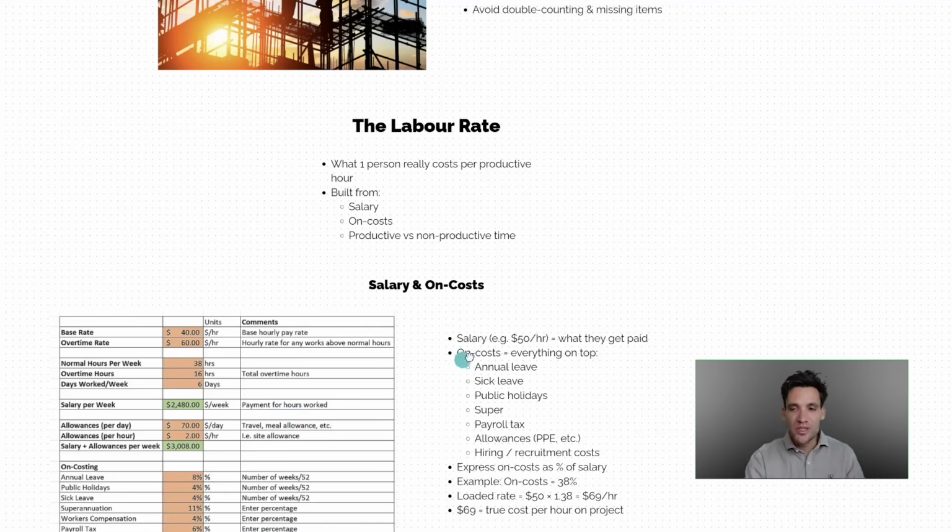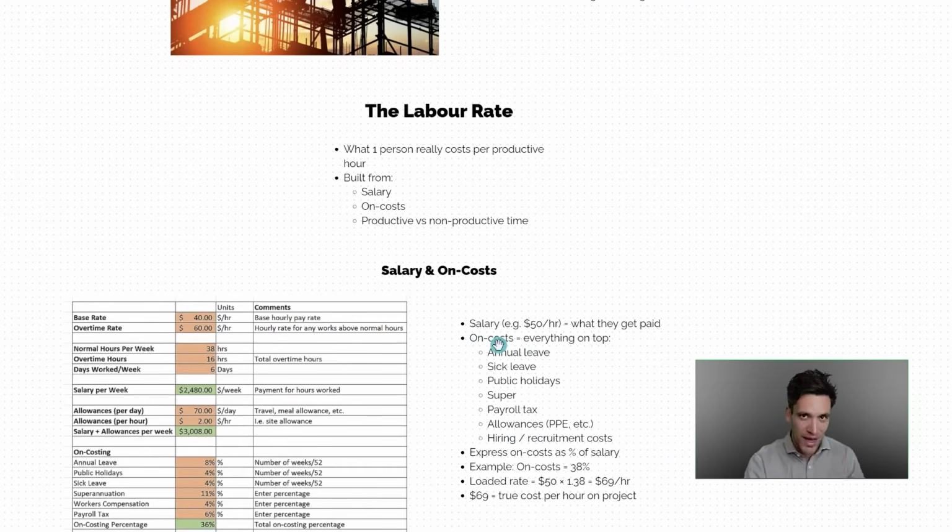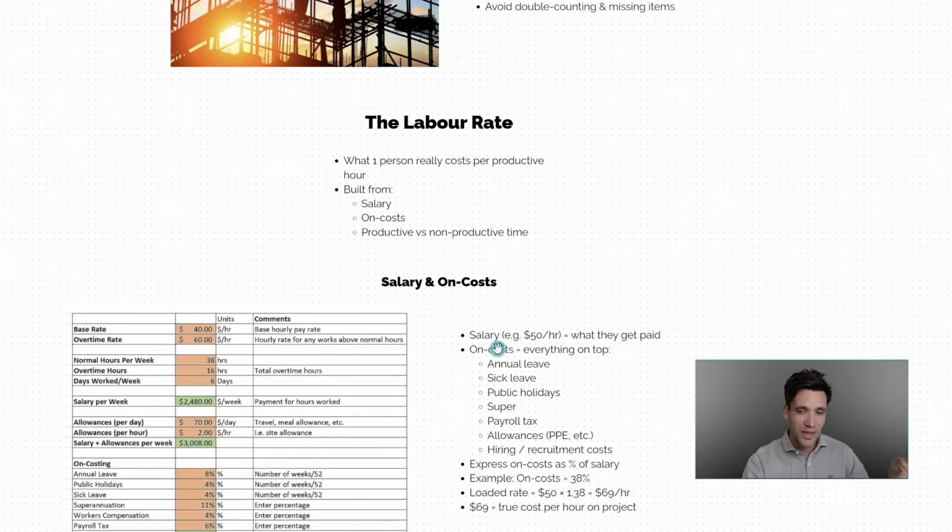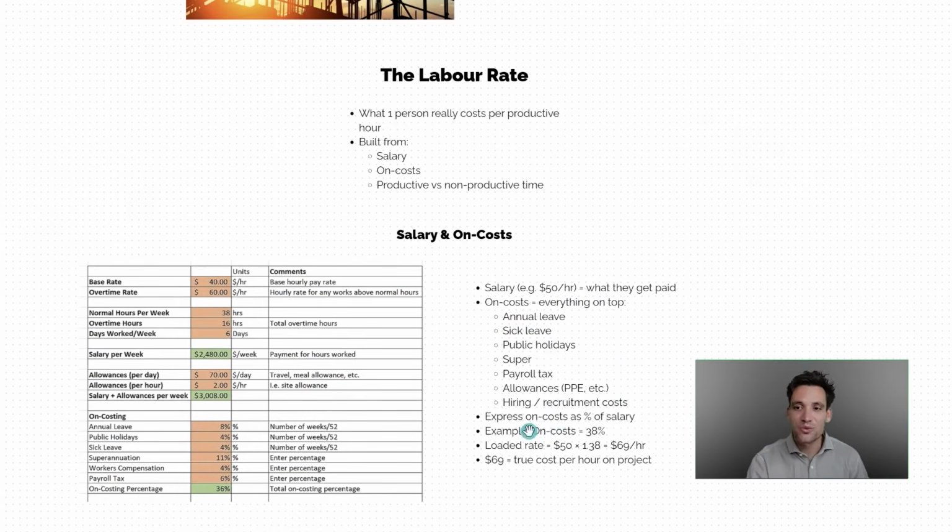So what this basically means is while someone gets paid $50 an hour, that's what goes into their bank account for 1 hour of work, what they really end up charging the business is probably more like 35 to 40% more than that. And this is referred to as the loaded cost rate of someone working.